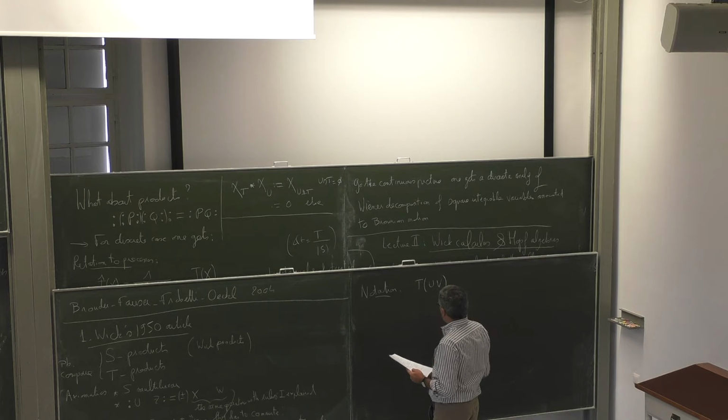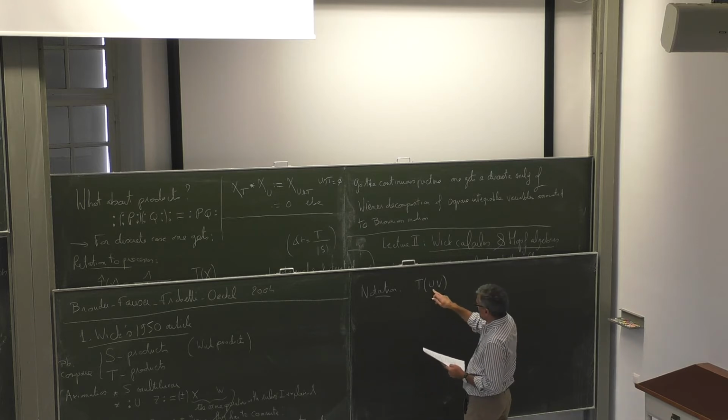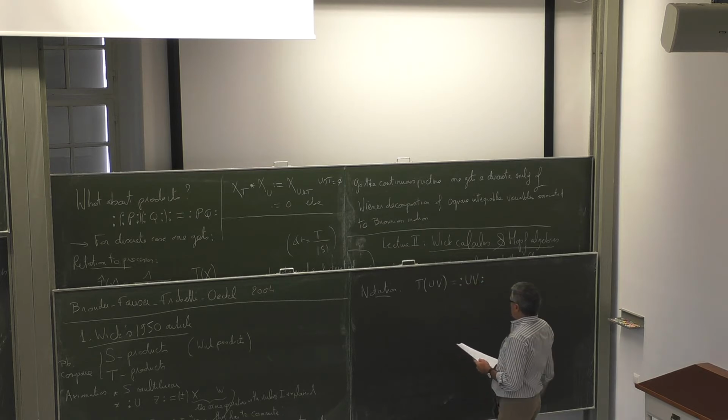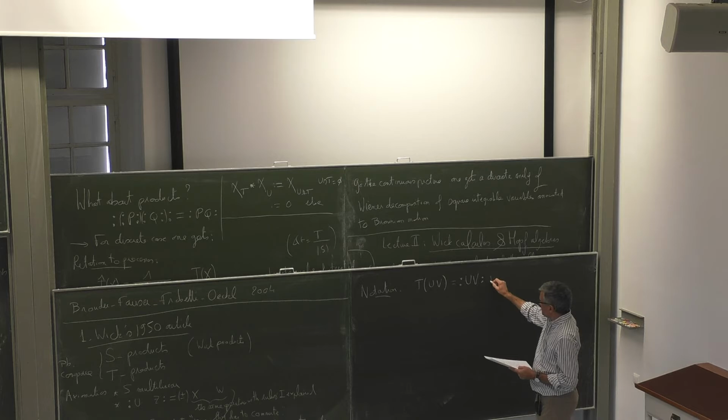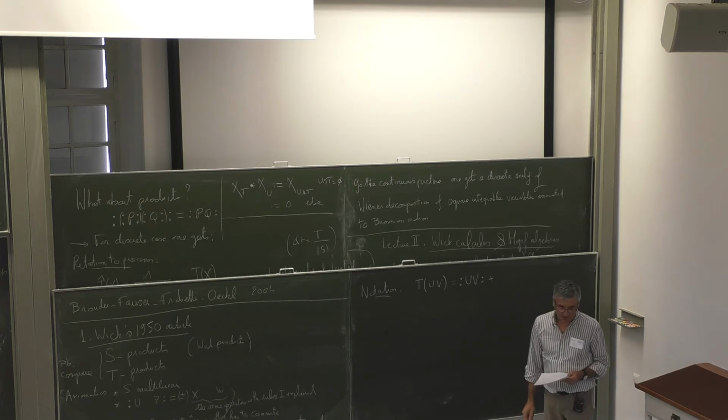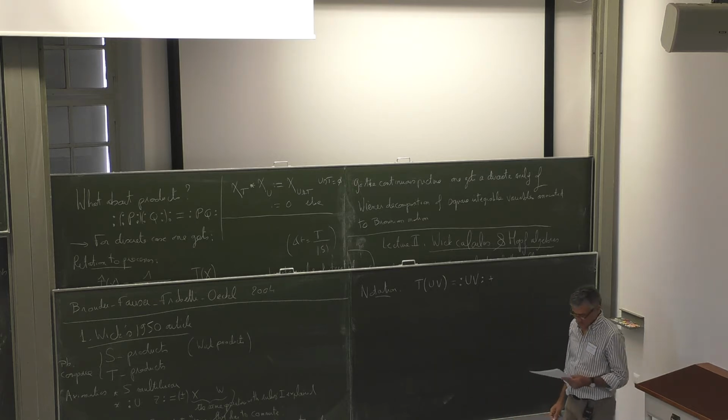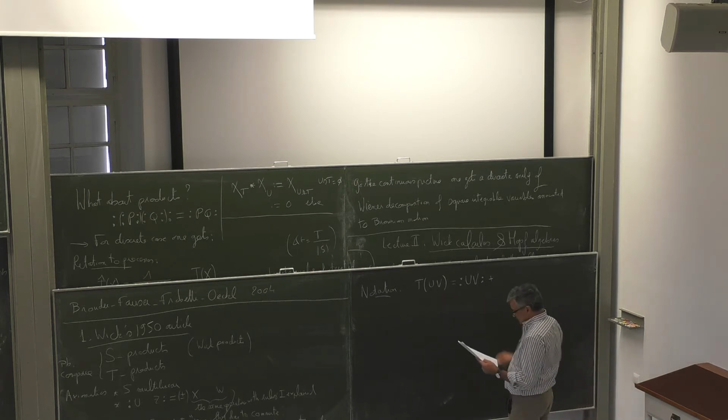If you want to move from the time-ordered product of two operators u and v to the normal order or Wick product, because you have these commutation rules satisfied by creation and annihilation operators, the difference between the two is always going to be a complex number.